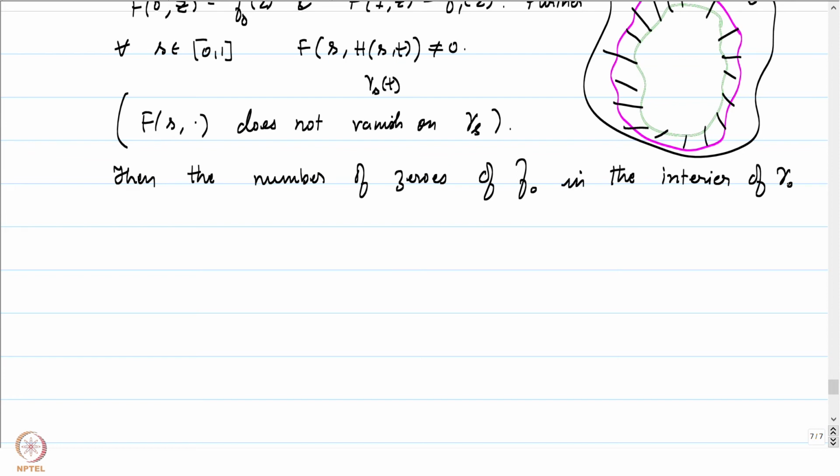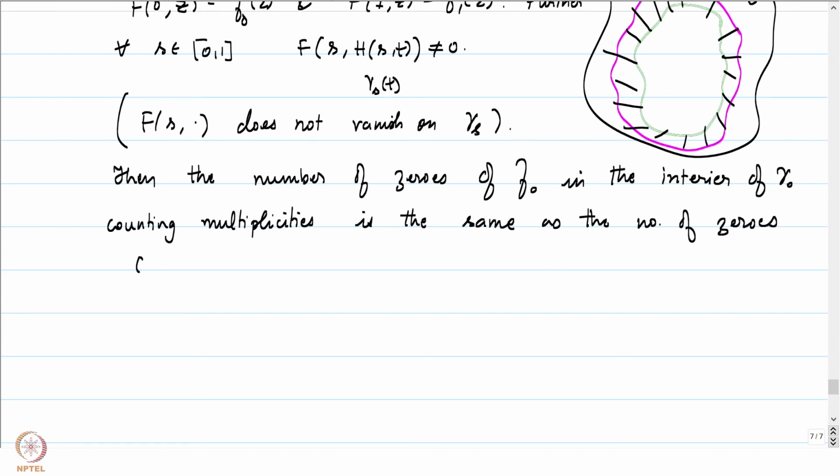So, when I say interior of gamma_0, one can think of the interior as the interior of the image of the homotopy which takes gamma_0 to the constant path. So, the number of zeros of f_0 in the interior, counting multiplicities, is the same as the number of zeros of f_1 in the interior of gamma_1.